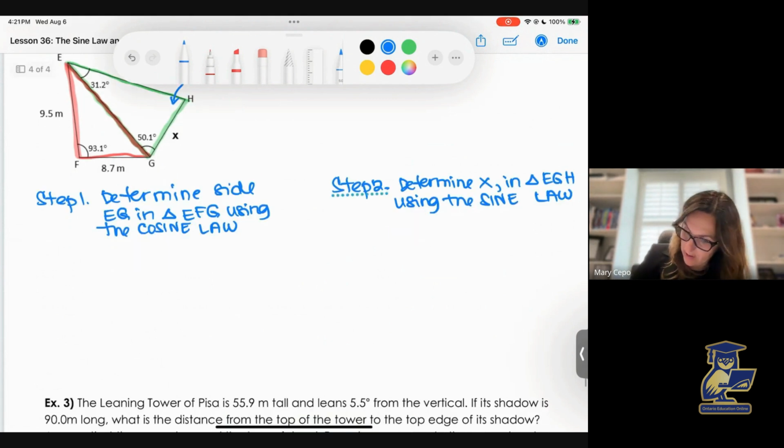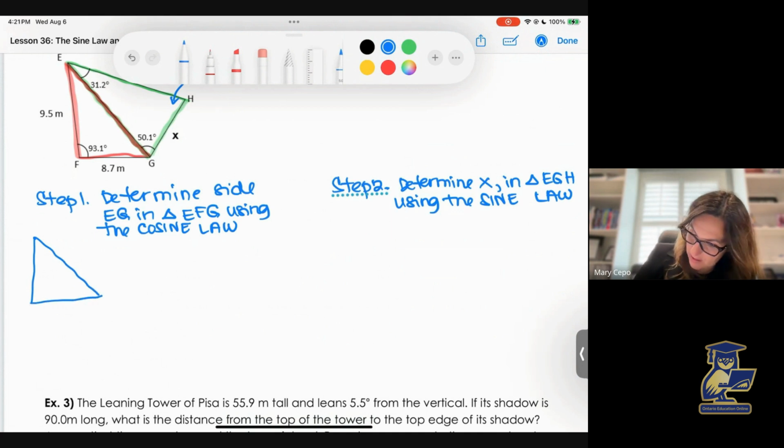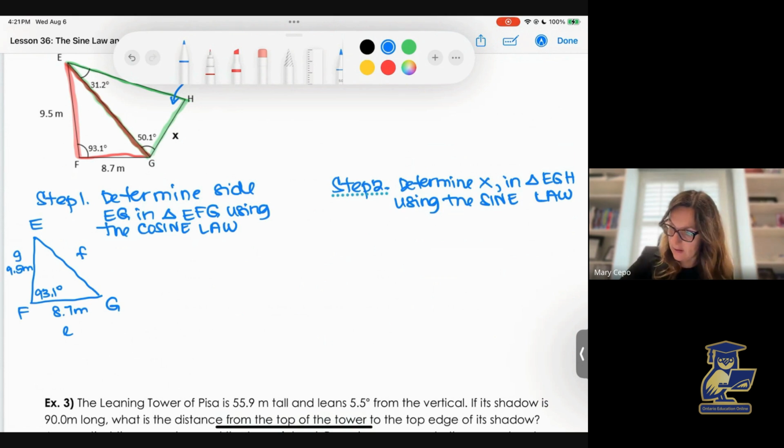So in triangle EFG, I like to take them apart as I mentioned earlier, just so that we can label everything properly. When there's too many numbers, it's hard to label everything. So that would be side f, and that's what we need. That would be side g, and we know this is 93.1 degrees. Okay, so as indicated earlier, we have two sides and the angle that they make. So that means that we can use the cosine law.